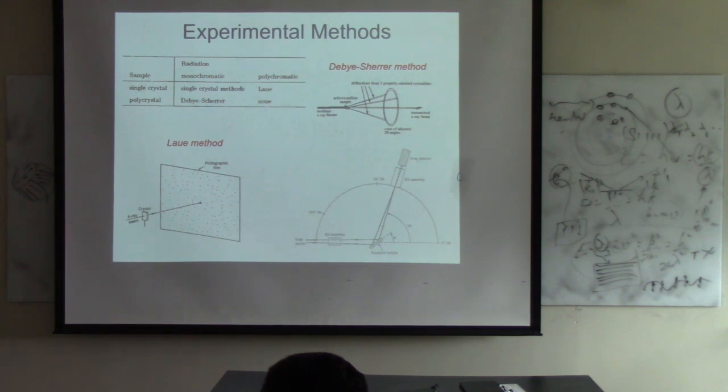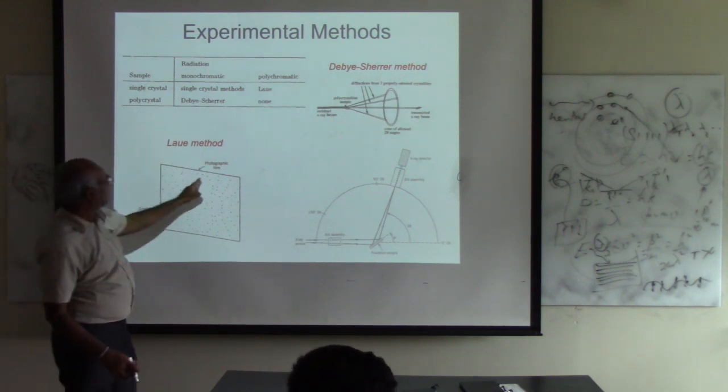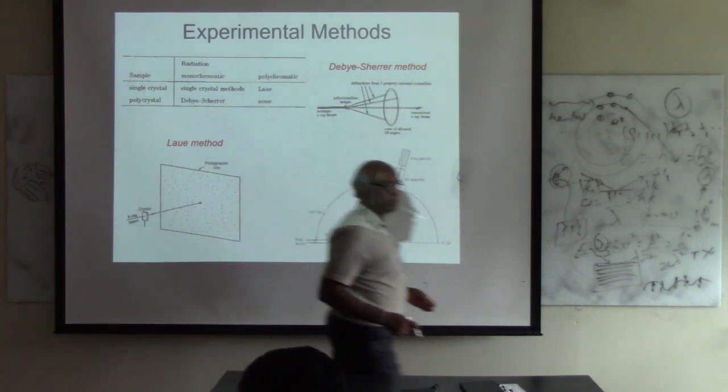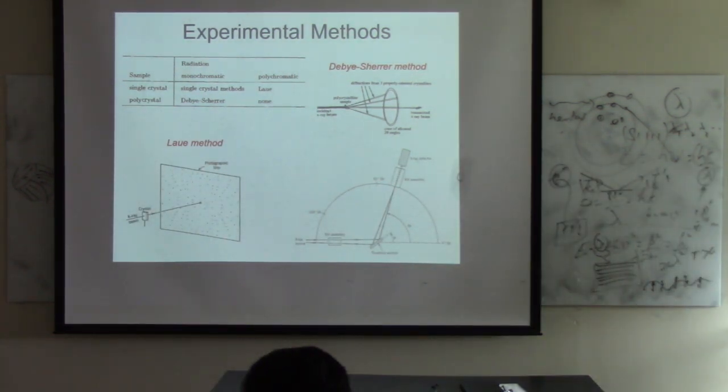So if you have polycrystalline, or single crystal with different wavelengths, that also you will see this kind of rings.